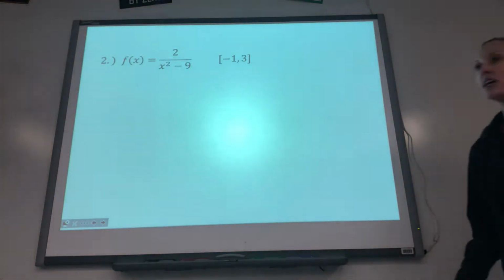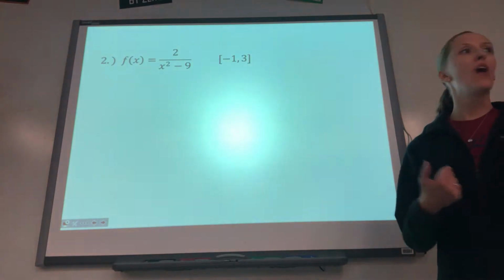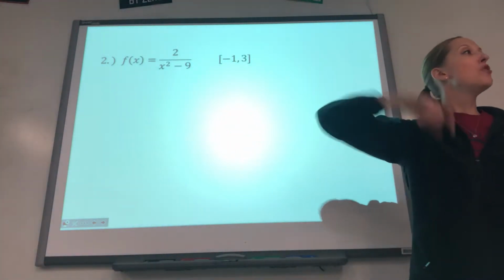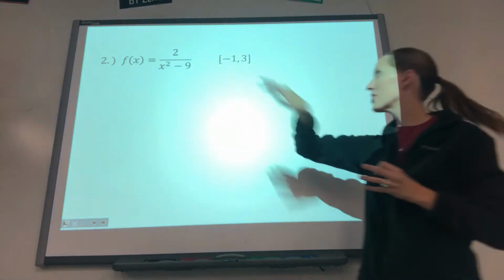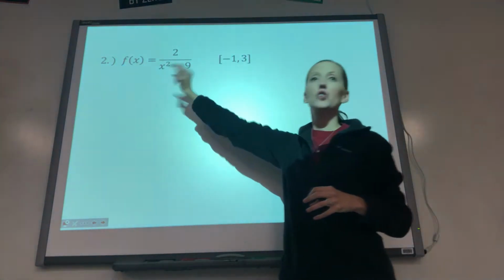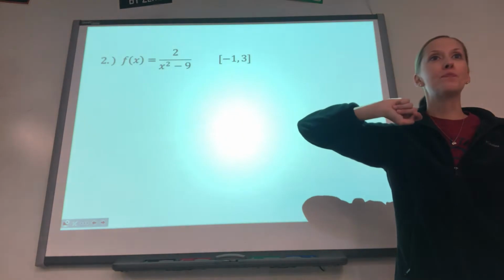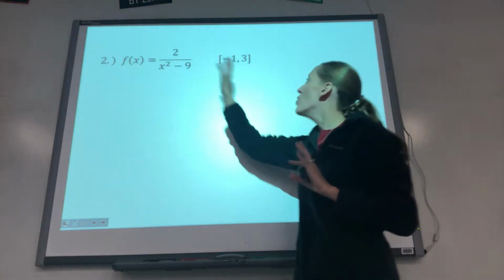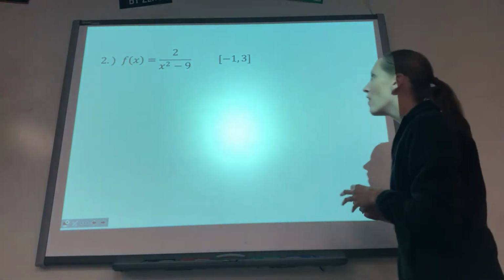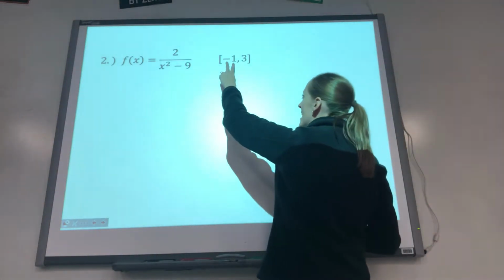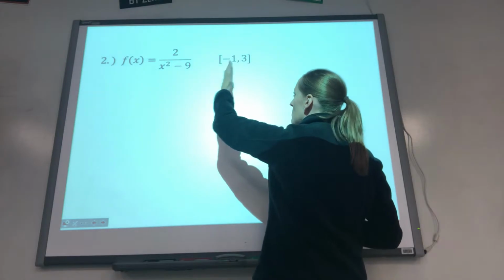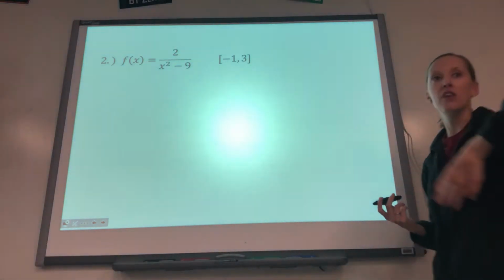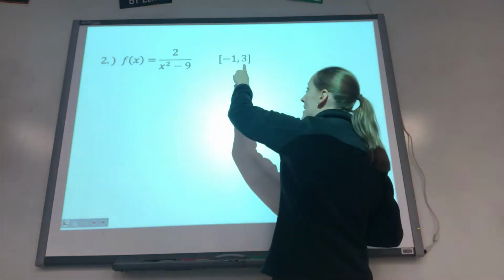Now, actually, before I jump to my calculator, if you look at this function and you think about your domain killers, what x's should we be concerned about? 3 and -3. Now, really, with this interval, since it starts at -1, I guess I'm not really concerned about -3 because it's not even on the interval, but 3 is.